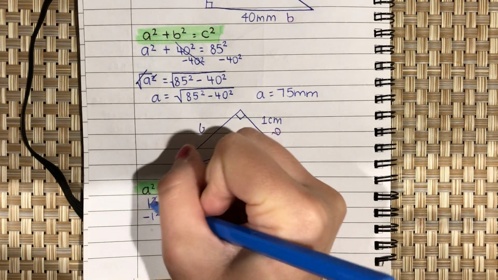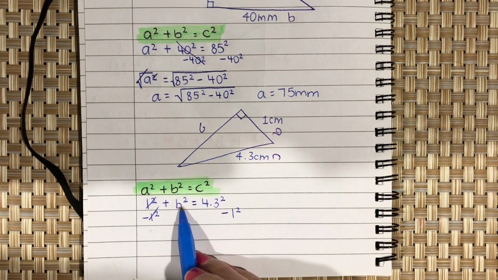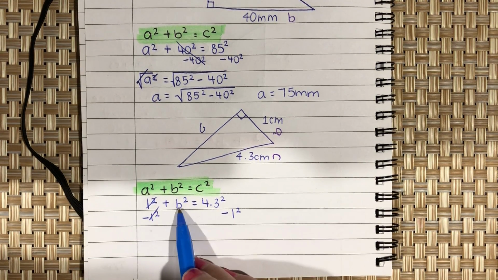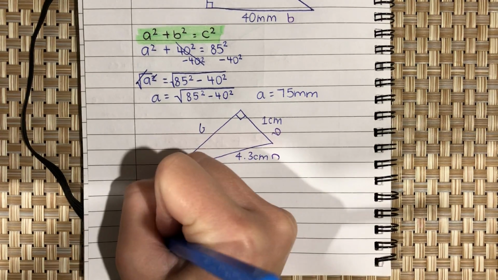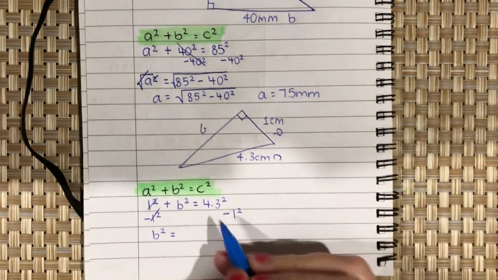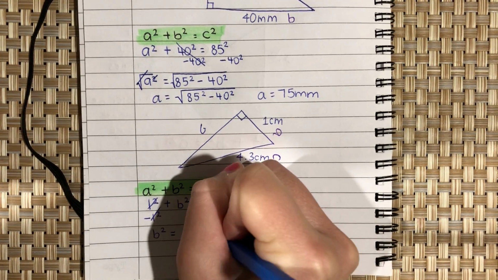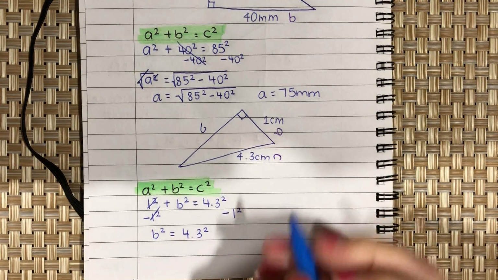Plus and minus cancel each other out, so they can go, and we're left with nothing here now. So B squared equals 4.3 squared minus 1 squared.